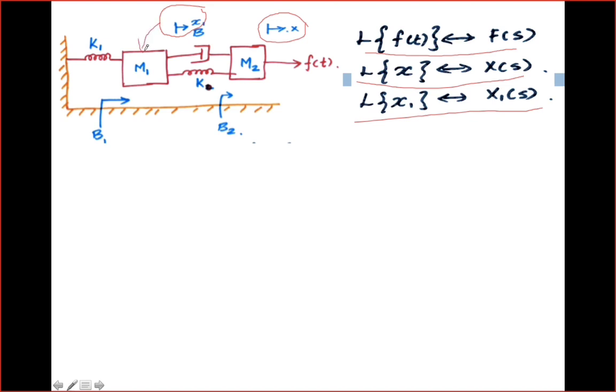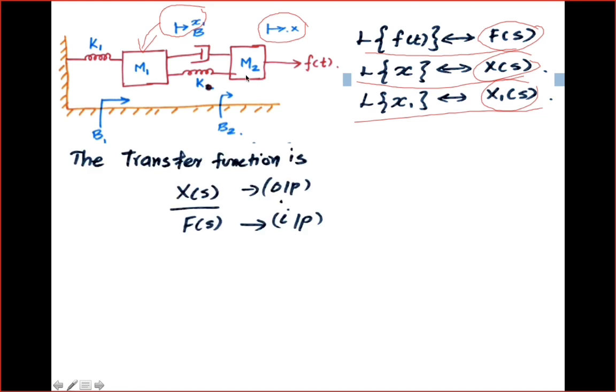That is, we are going to find X1 of s, X2 of s and F of s to determine the transfer function of the mechanical translation system shown in this slide.